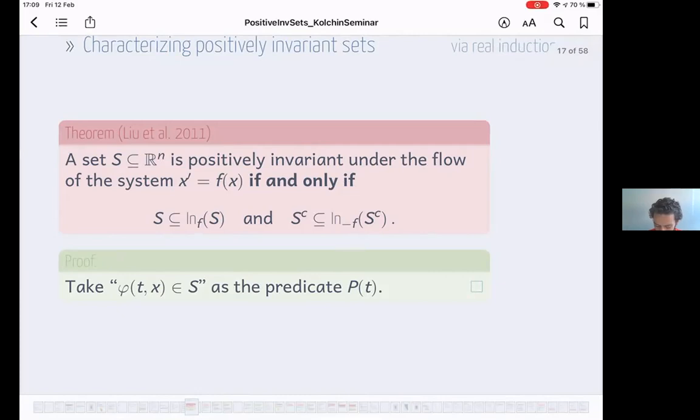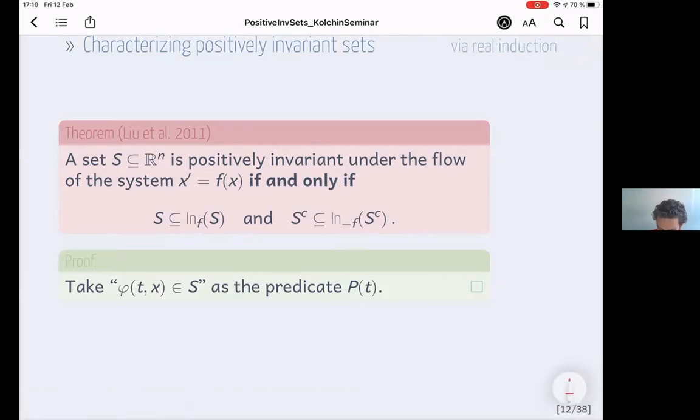It's positively invariant under the flow if and only if two conditions, two inclusions are satisfied. The first is the set S has to be inside inf of S. And the second one, the complement of S has to be inside the inf of the complement of S if you look at the flow backwards.